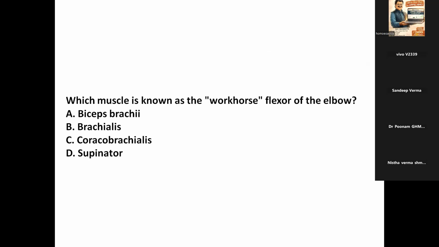Which muscle is known as a workhorse flexor of the elbow? This is very, very important. Workhorse. So the answer is brachialis.